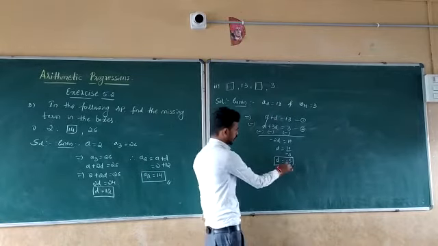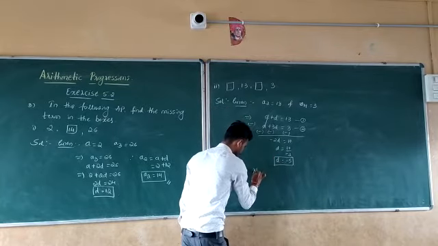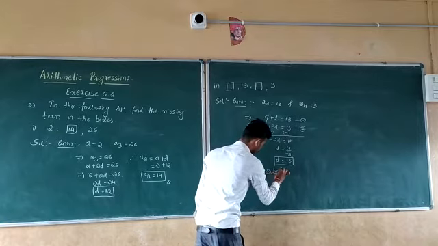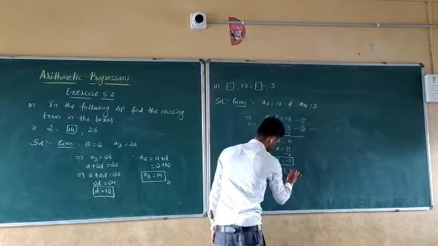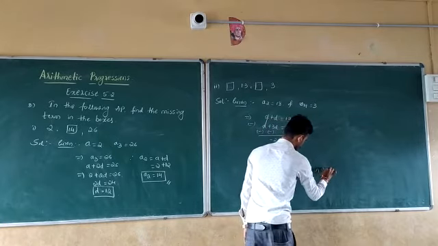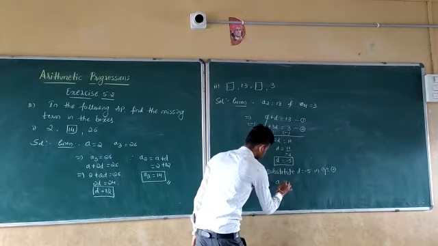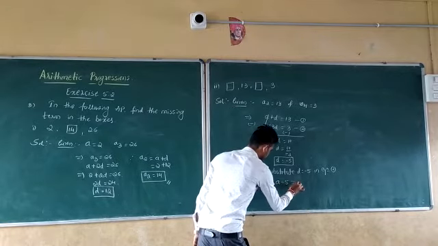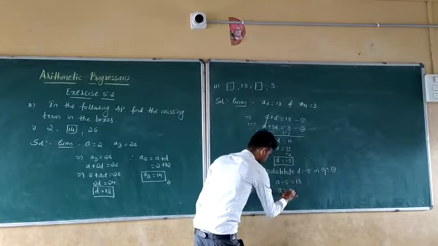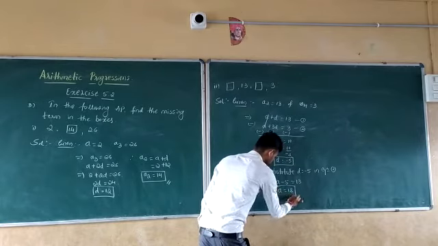Now substitute the d value in any one equation. Substitute d equals minus 5 in equation 1. So a plus d, that is a minus 5, equals 13. Therefore, a equals 13 plus 5, which is 18.